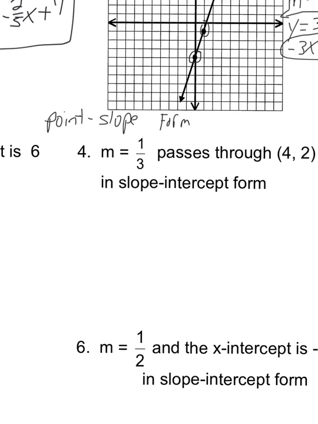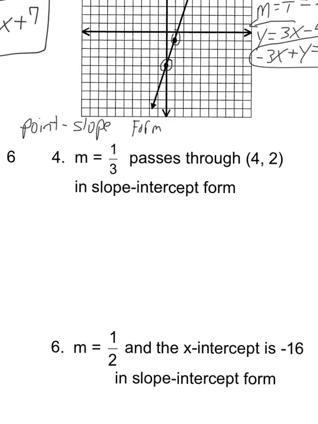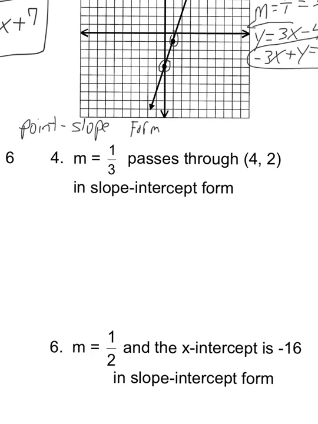Now in point-slope form, that's when I have a point and a slope. And the formula is y minus y1 equals slope times x minus x1. So we can go ahead and label x, y.